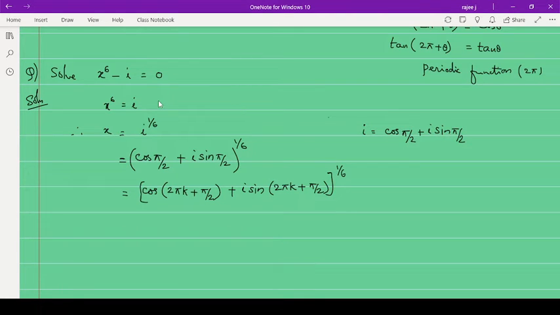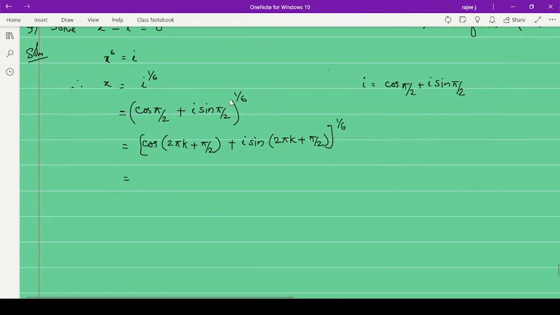Now firstly, simplify this a little bit, then use de Moivre's theorem. If I look at this one, cos of 2 pi k plus pi by 2.